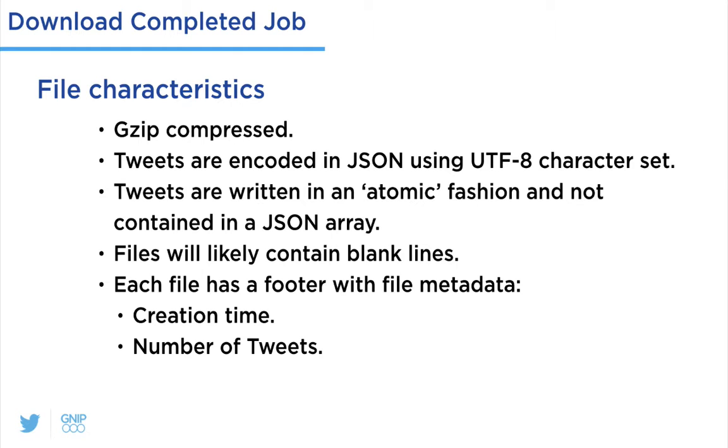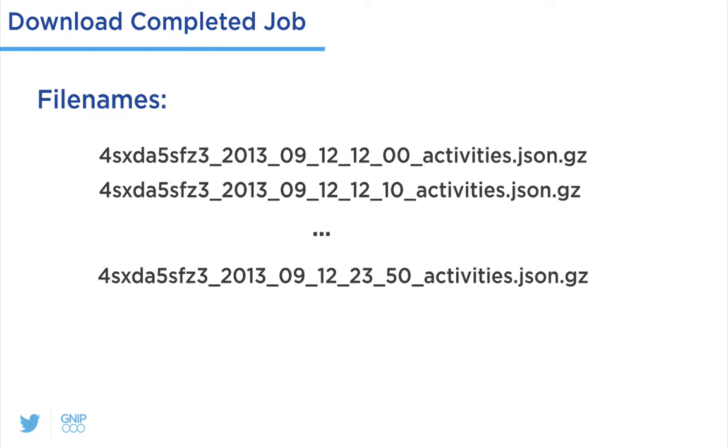And also, each file contains a footer with information about when the file was created and how many tweets are contained in that file. Now that you have downloaded your file set, let's talk about the file names that make up this set of files. You'll notice that the file name starts with the job UUID that was assigned to this particular data set. After that, we have a tokenized date and time, and this date and time represents the starting minute of the tweets that are inside that file.